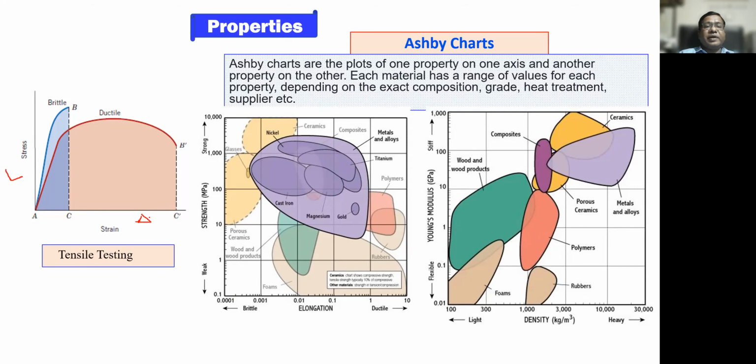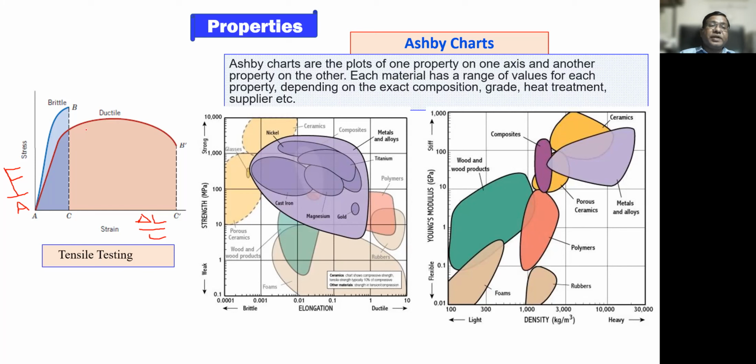Delta L will be there, and if it is divided by original length, and load, here I am writing force by original area, that will become stress and strain. So it is engineering stress and engineering strain. Again, to convert that into true stress and true strain, those are a part of mechanical behavior.